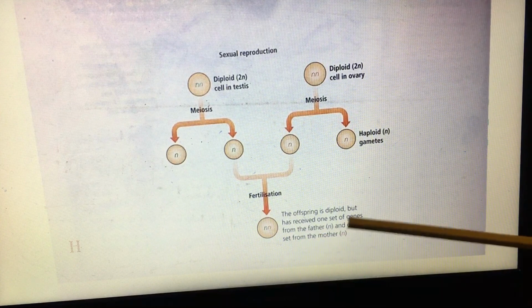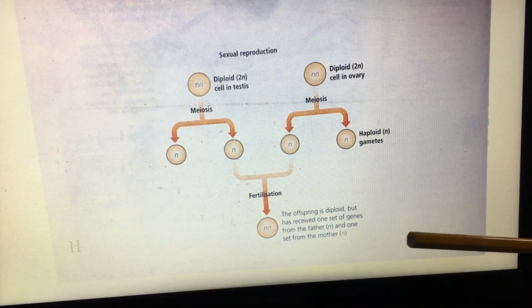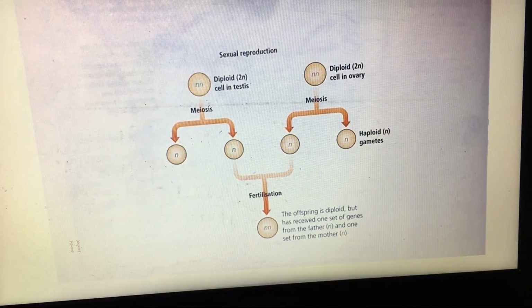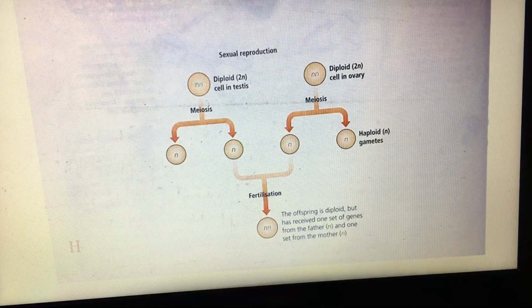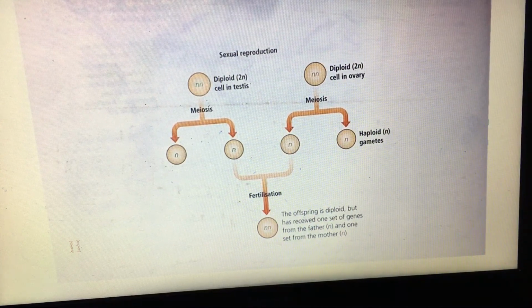So the offspring has received one set of genes from the father and the second one from the mother. In sexual reproduction, a mixture of genes is passed from parents to offspring.